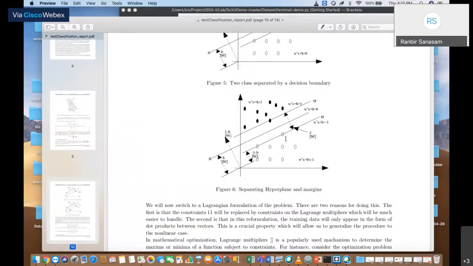That is my objective. Once I have found that, the black samples and white samples passing through the negative hyperplane and the positive hyperplane are called the support vectors.